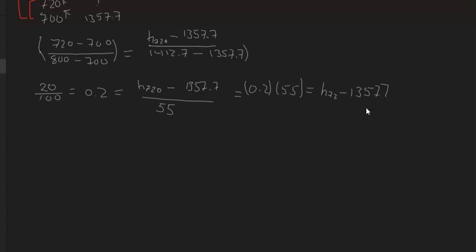Going to need to take that value and put it onto the other side of the equation. So we've got the 0.2 times our 55, and we're going to need to take this 1357.7, and since we've got the subtraction, we're going to need to add that back in. And that's going to give us our H value right there, which we're going to put all together.